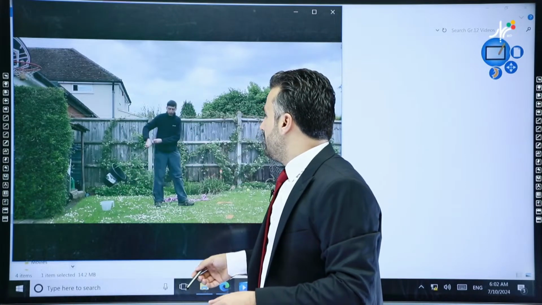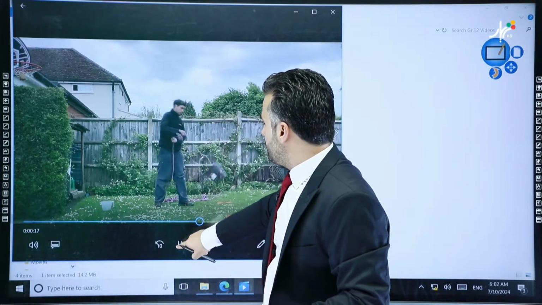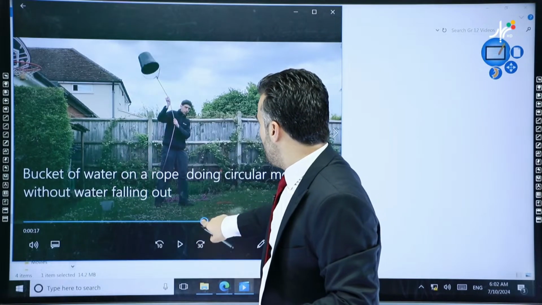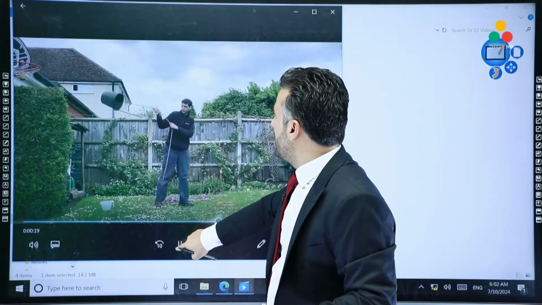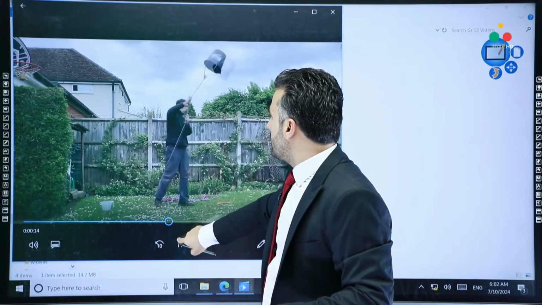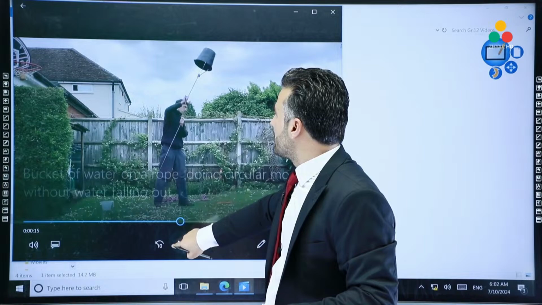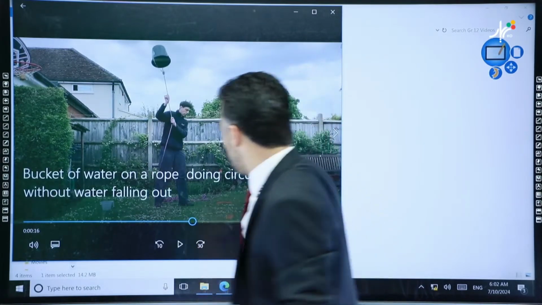So take a look here at the highest point. Let's go back a little. I want to pause this at the highest point. Okay, take a look here.